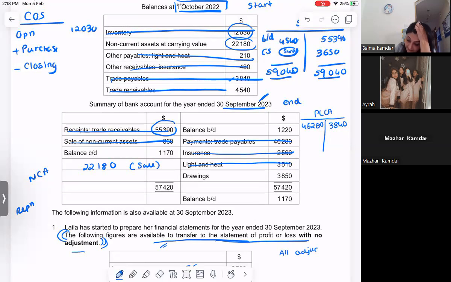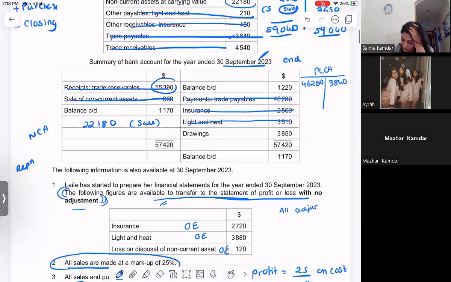If I have a sale of non-current asset and I have loss on disposal of 120, can you give me the net book value of the non-current asset? The asset was sold for 860 and the loss was 120, so the net book value was 980.